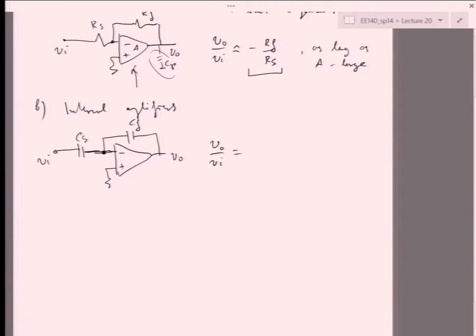So let's call this delta VI. If I apply a small signal, that's not DC obviously, what would be the gain of this stage?